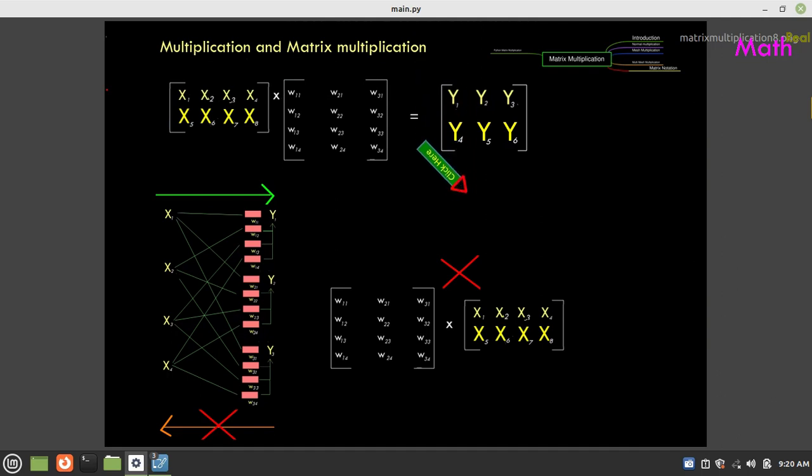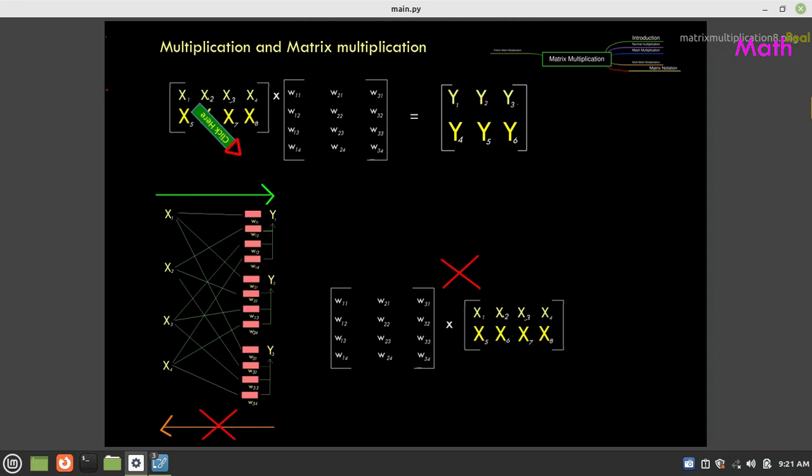Like in our structure, this is x1, x2, x3, x4, this is the weight, and this is the output. So the signal is flowing from left to right, not from right to left.